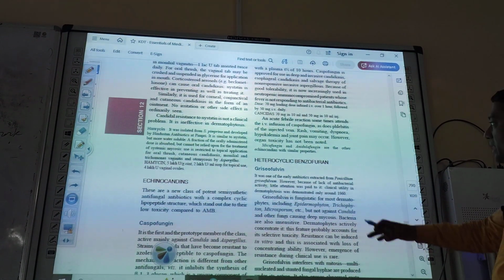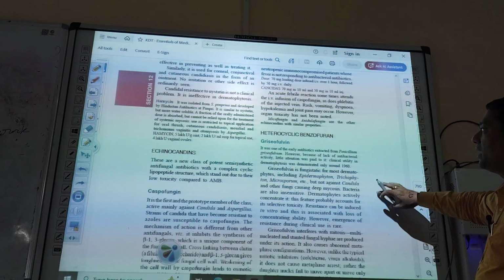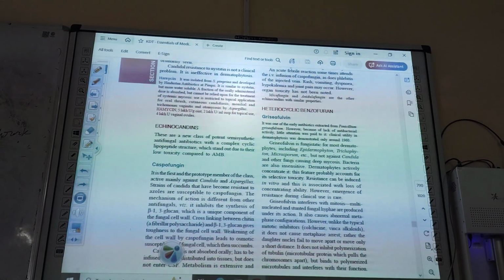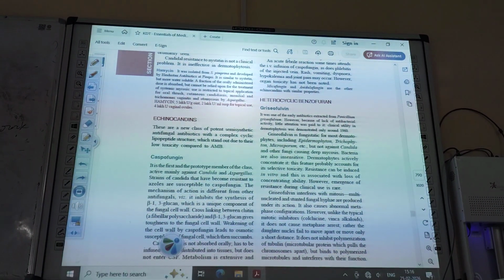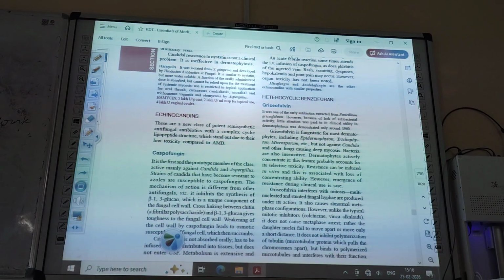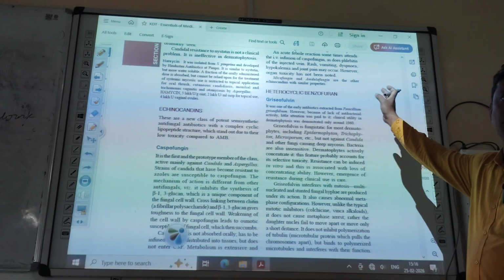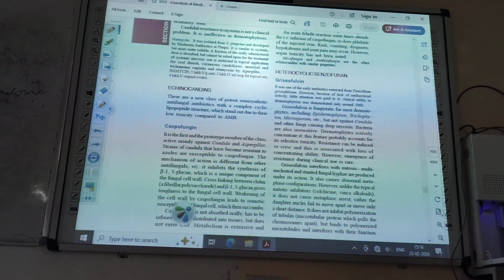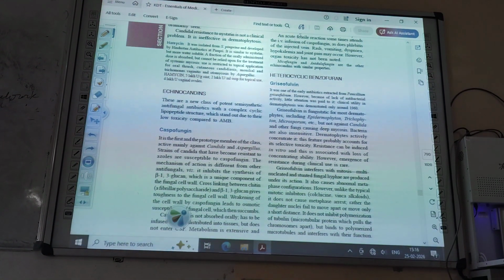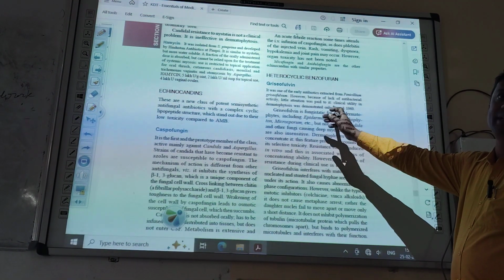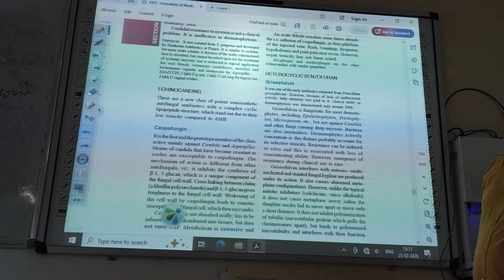Then heterocyclic benzofuran. Griseofulvin belongs to the benzofuran group. Griseofulvin is fungistatic. What is fungistatic?